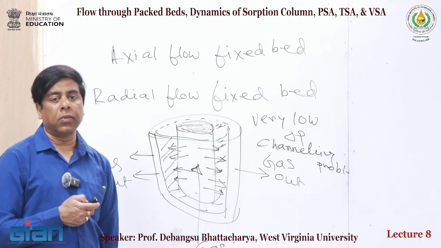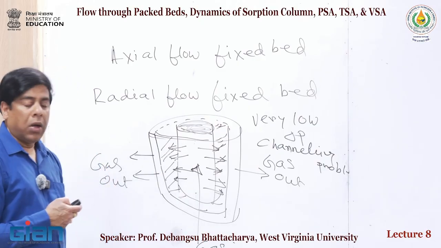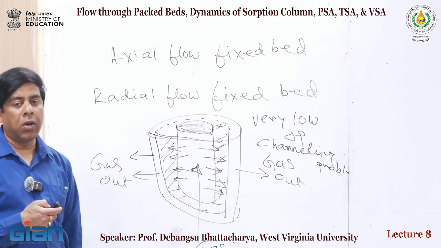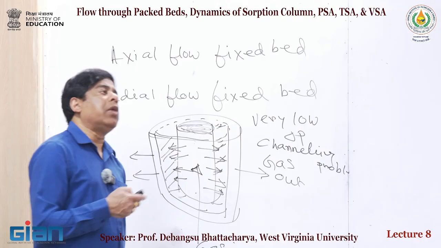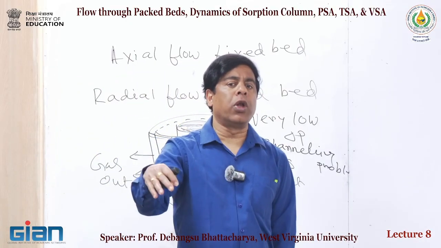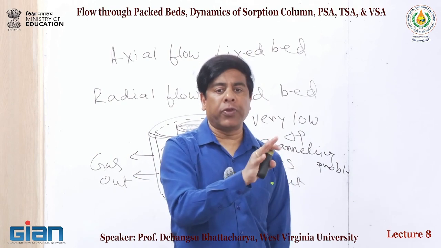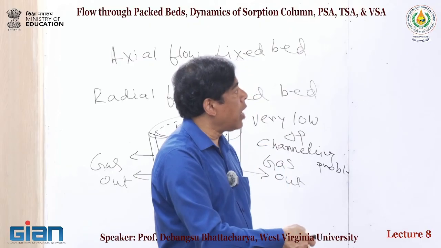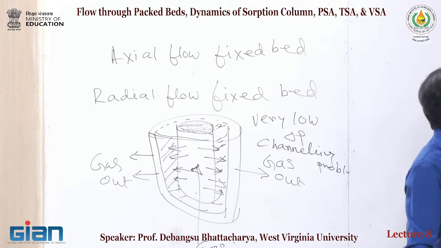So how can we remove this captured CO2 from this kind of cylindrical fixed bed? If you really want to take the solid out of the bed for regeneration, we should not go for a fixed bed, because then you will have to go for a moving bed, bubbling bed, or circulating fluid bed.